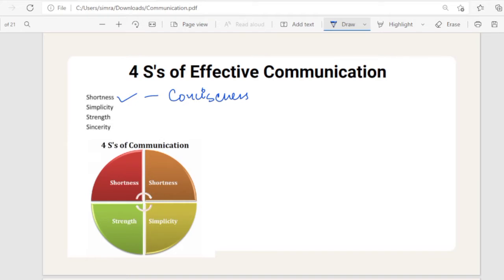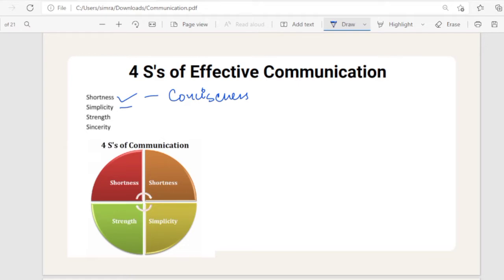We should not write 10 sentences for the same. We need to keep it short and sweet, right? So that our communication is done in a faster manner and the person will be able to understand it better. So shortness is similar to the conciseness which we had done in our previous class.